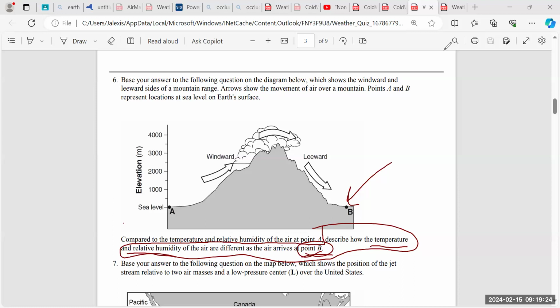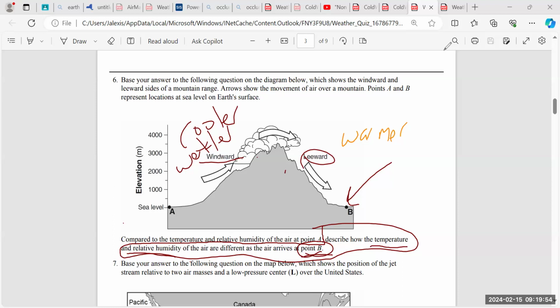A. So what do I know about A? On the windward side, where clouds are being created, I know that the temperature is cooler and wetter on this side, right? Where clouds are being formed. On the leeward side, where air is sinking, I know that the weather condition is warmer, right?